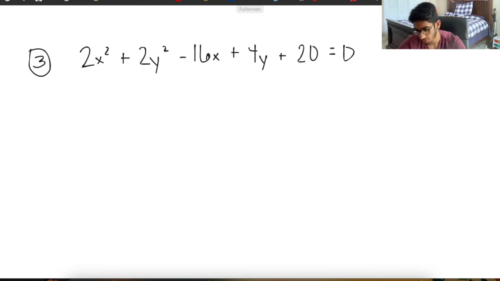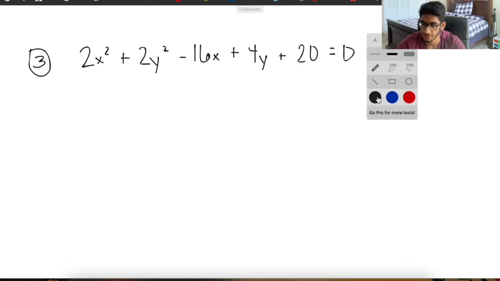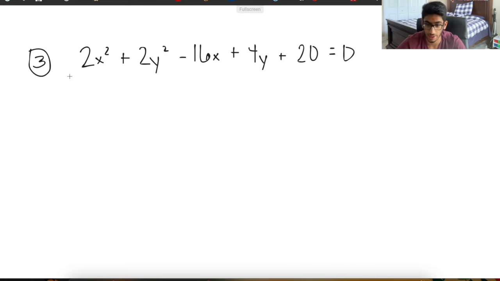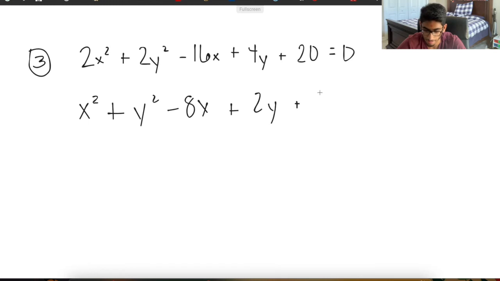Alright, so this one looks kind of hard, but it's not really. As you can see, every term right here is divisible by 2. So the first step would be to divide everything by 2. So we would do x squared plus y squared minus 8x plus 2y plus 10 equals 0.